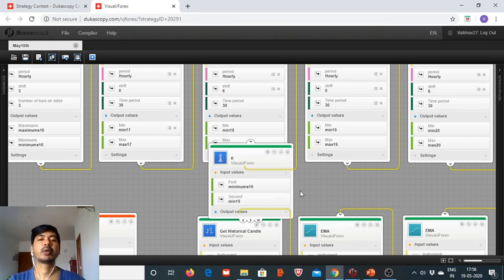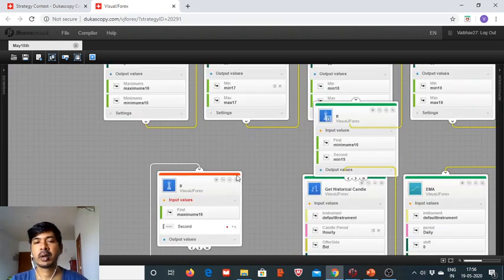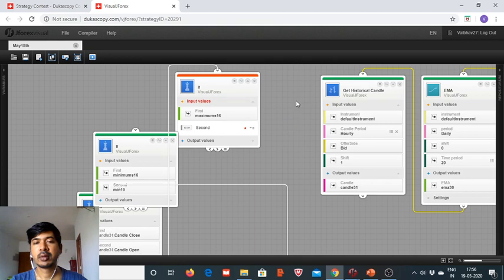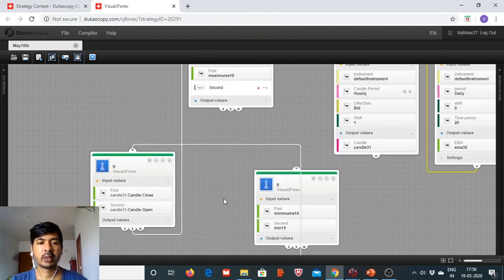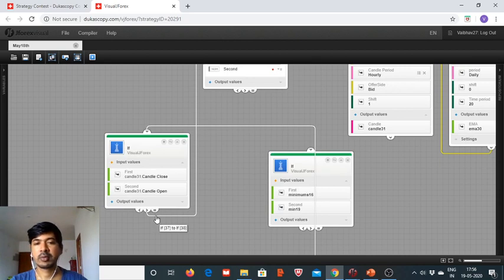And I will explain to you on the chart as well how that will look like. So here this link, this flow should be disconnected and it should be joined here.